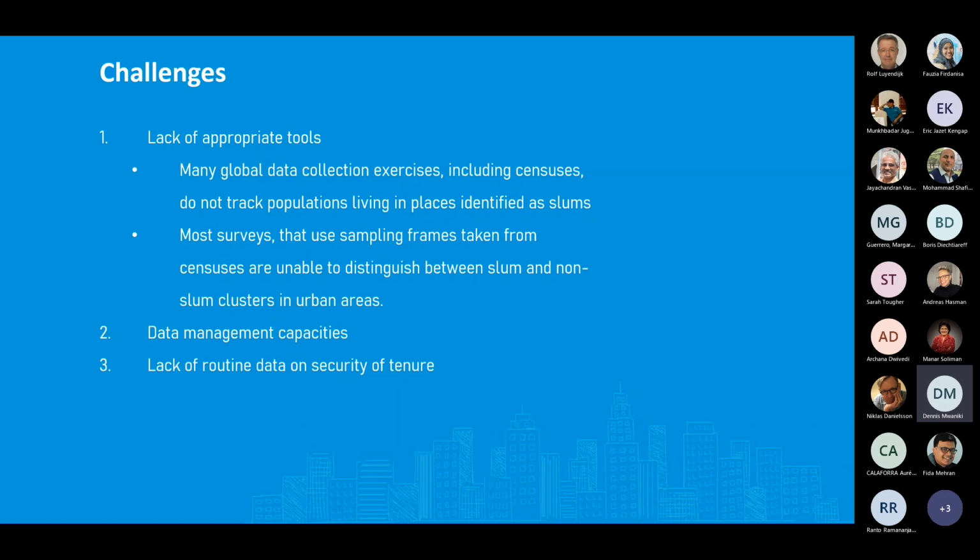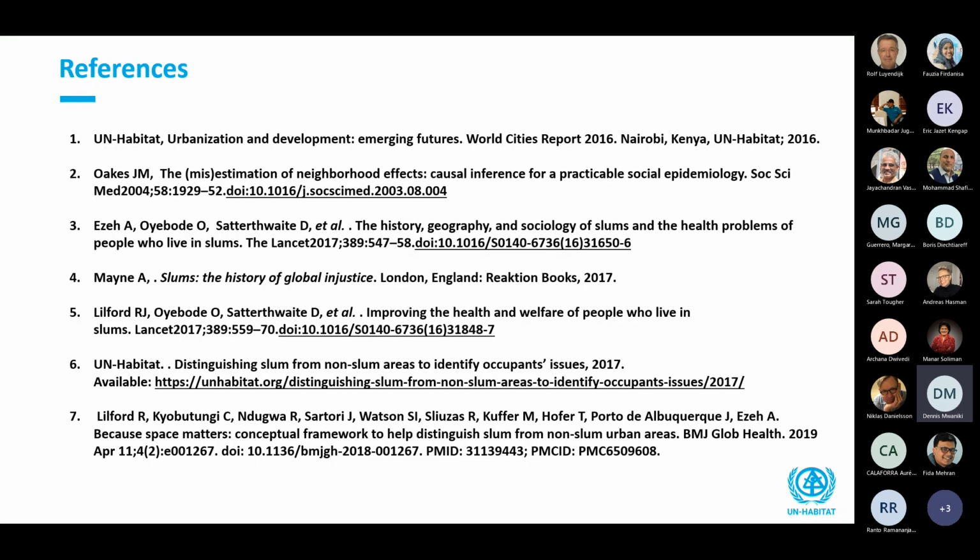I'll stop here and just say that one of the key things we are doing, and hopefully by next year will be out for global rollout, is we've been developing a global model based on Earth observation geospatial analysis to be able to classify settlements that are informal, which then would complement the analysis that we're doing based on the household level deprivation.